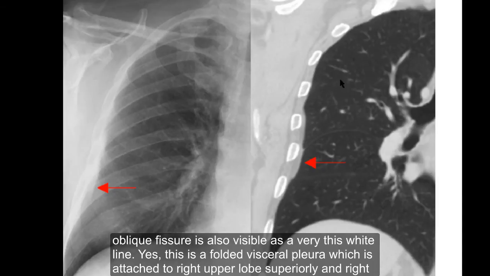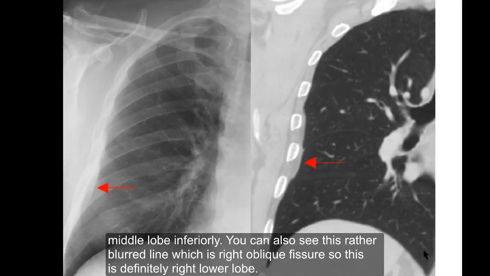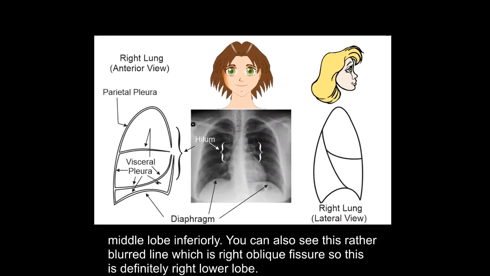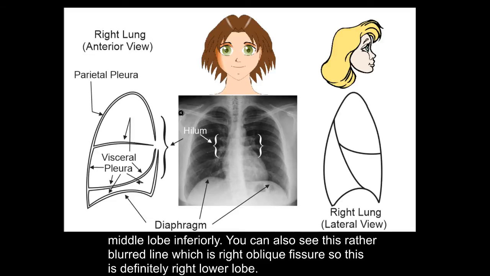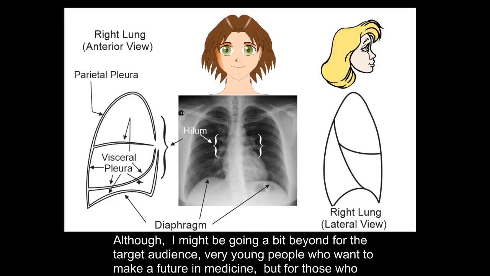So this is the right upper lobe, this is the right middle lobe, and this is definitely the right lower lobe. Although I might be going a bit beyond the target audience, very young people who want to make a future in medicine, for those who might be interested or already have some knowledge, I want to continue this video for a bit longer.